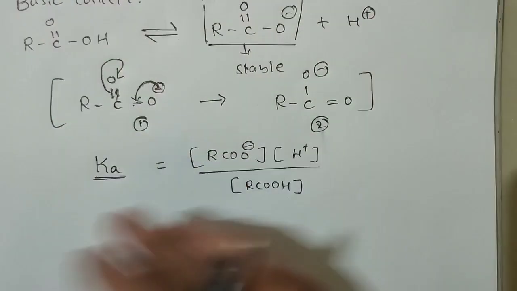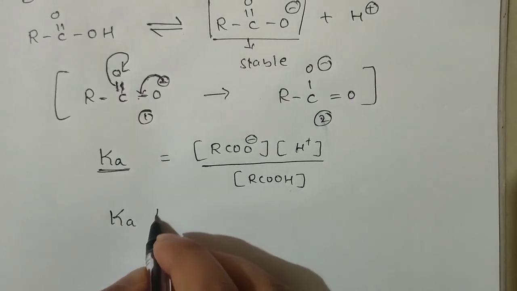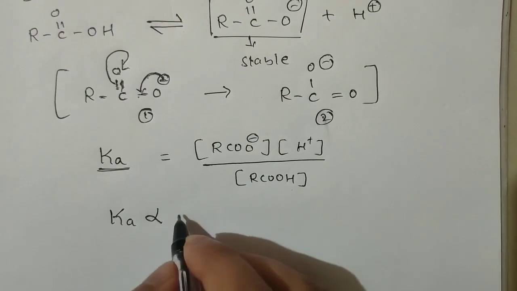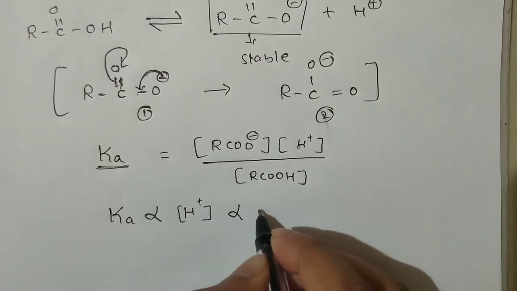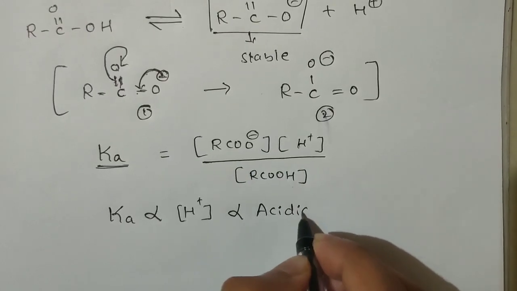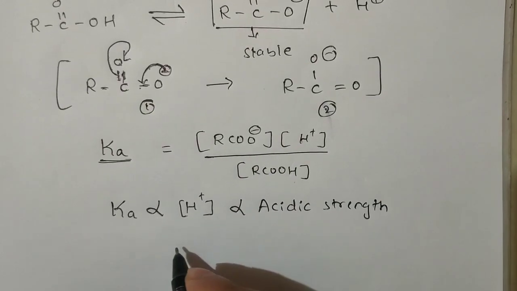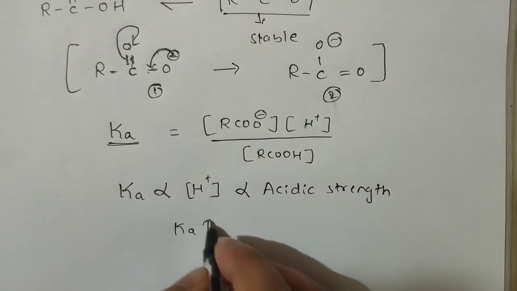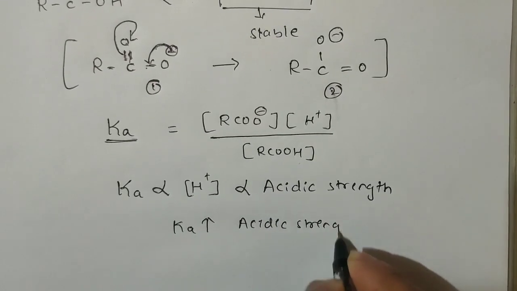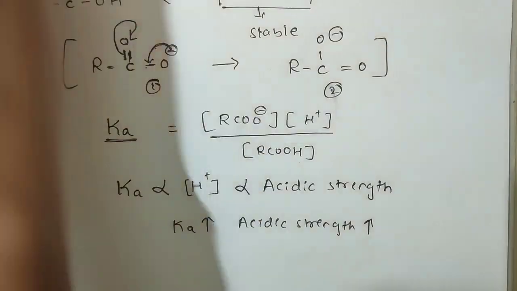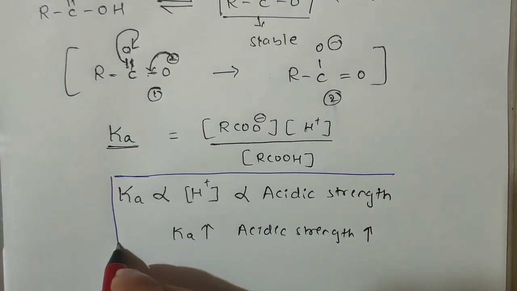So overall I conclude that the value of Ka is directly proportional to the concentration of H plus, and it is also proportional to acidic strength. So the higher the value of Ka, the higher the acidic strength. If you know this trick, you can solve any problem. Just keep it in your mind.